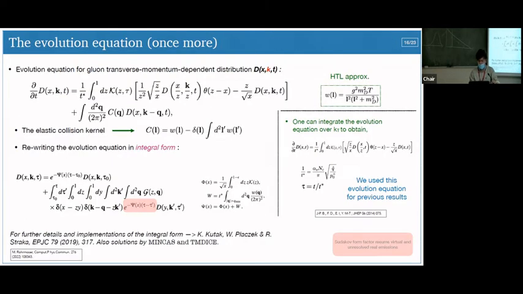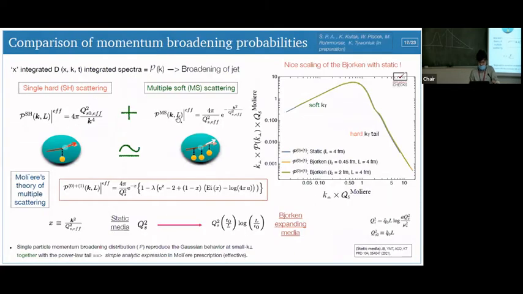These equations could be solved in integral form also in a very effective way, and this has been done in the group at IIFJ by Minkas and the TMDI's dedicated Monte Carlo programs. The first thing for the introduction of this transverse momentum dependency is that we start with the molar theory of multiple scattering approximation, where we segregate out the single hard scattering scenario from the multiple soft scattering scenarios.